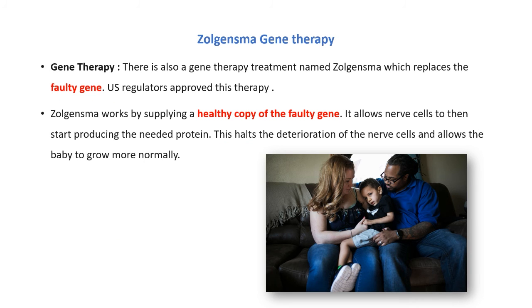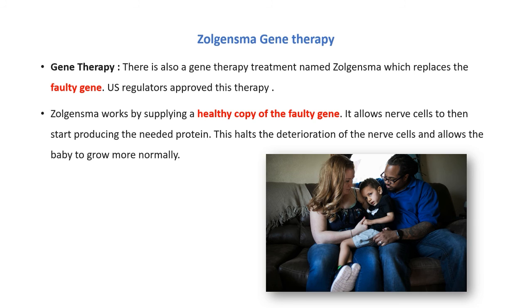What is Zolgensma gene therapy? There is a gene therapy treatment named Zolgensma, which replaces the faulty gene. Here we have to replace the faulty gene and introduce a new gene based on the copy transported to the baby or child by its parents.